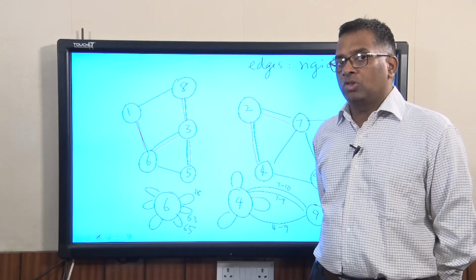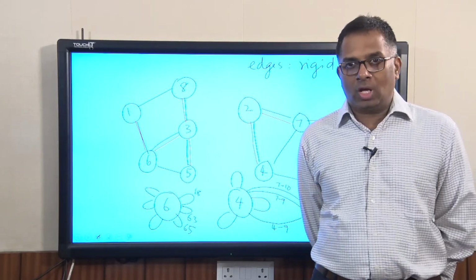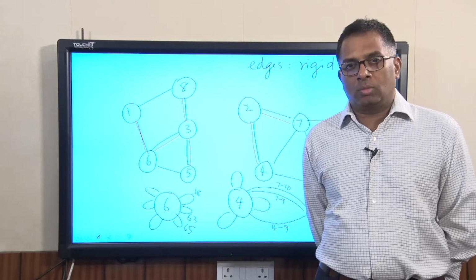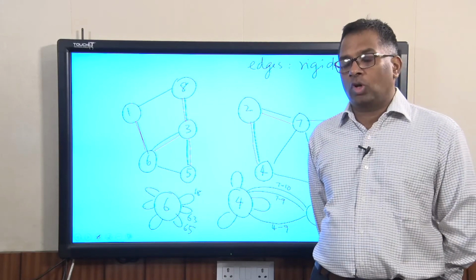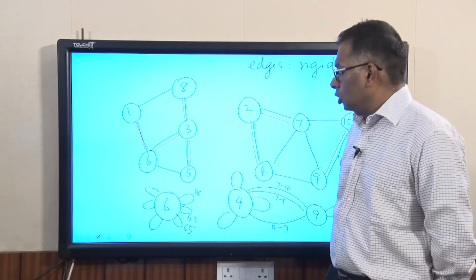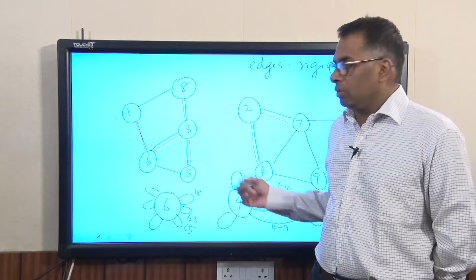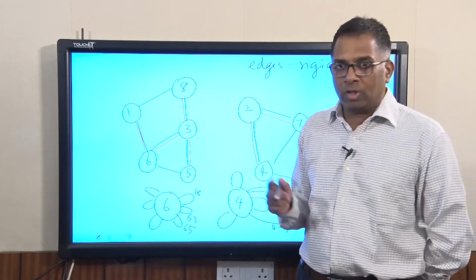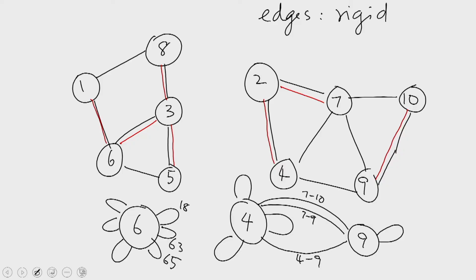That is, we choose certain edges of the graph in such a way that the edges together will define a forest, so that each tree in the forest will be completely within a component of the graph. So here there are 2 components in the graph. From the first component we get one single tree that spans the whole of the component. From the second component we get 2 trees. The first tree spans vertices 2, 4 and 7, the second tree spans vertices 9 and 10.